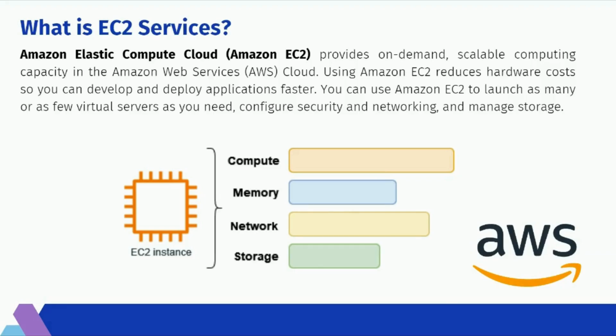You can use Amazon EC2 to launch as many or as few virtual servers as you need, configure security and networking, and manage storage. So EC2 services is very important. So an EC2 instance comprises compute, memory, network, and storage.